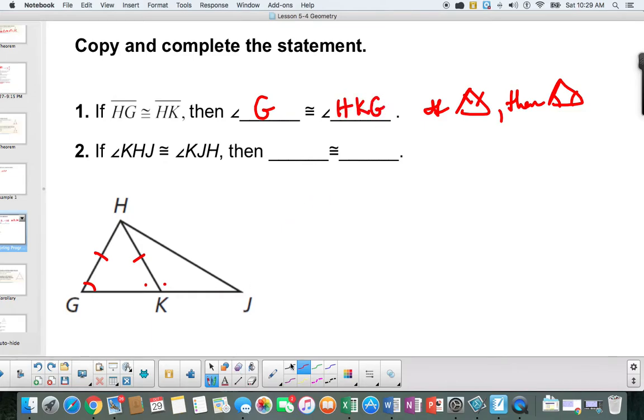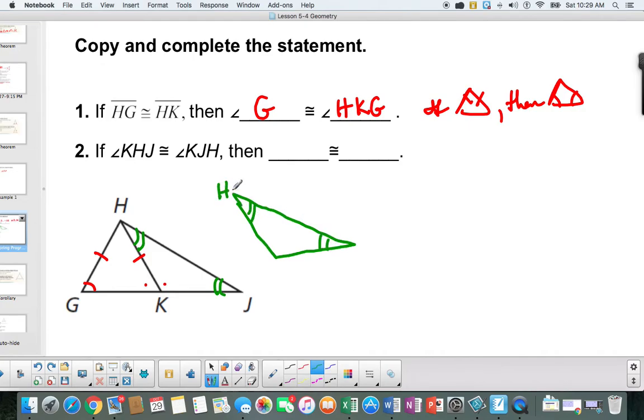All right, now I'm going to change color. We have KHJ, which is this angle, is congruent to KJH, which is this angle. So let me draw it separately here. What we have is this angle congruent to this angle.